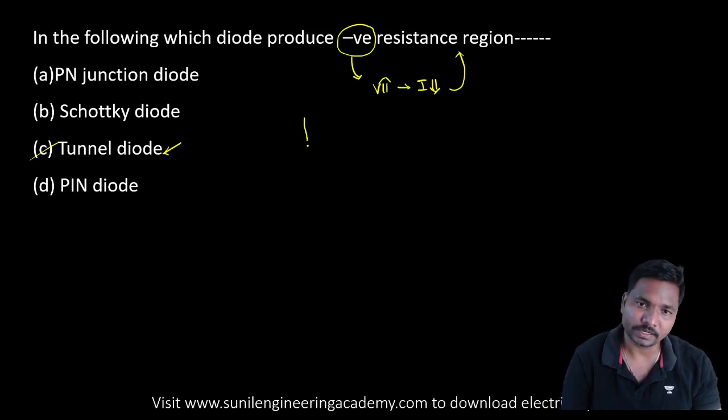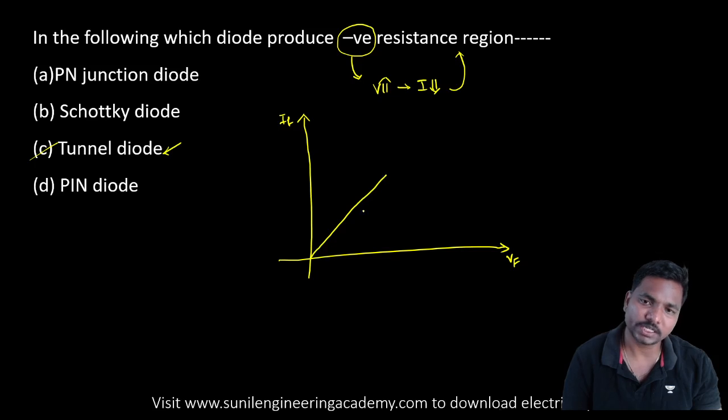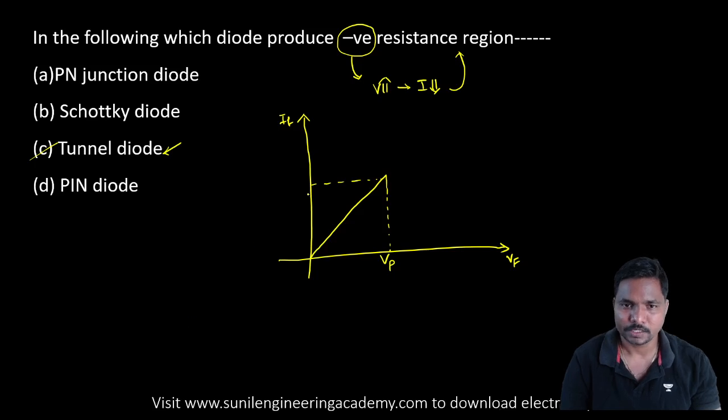In the case of the tunnel diode, consider forward voltage and forward current. For low values of the voltage, as voltage increases, current also increases proportionally up to Vp. That corresponding current is Ip.